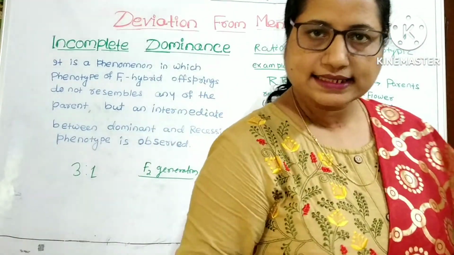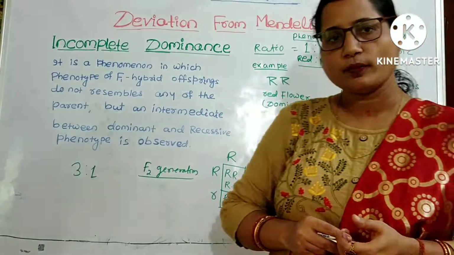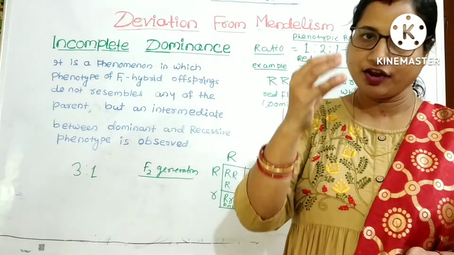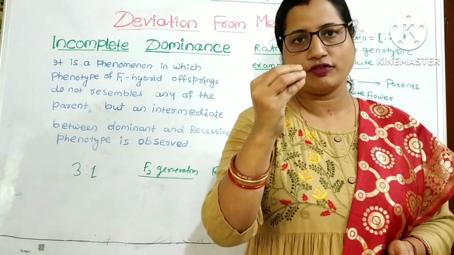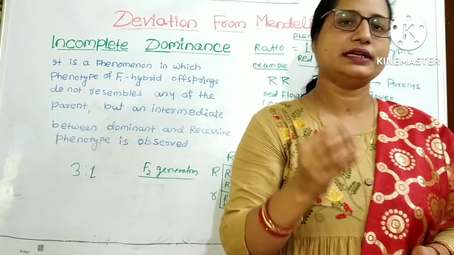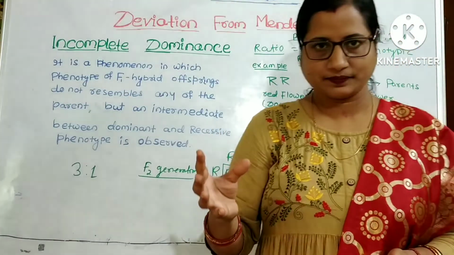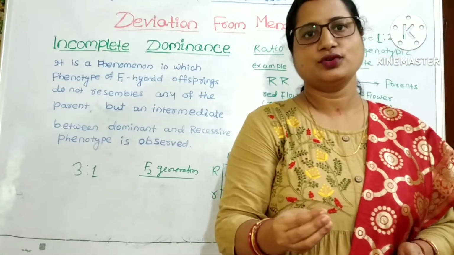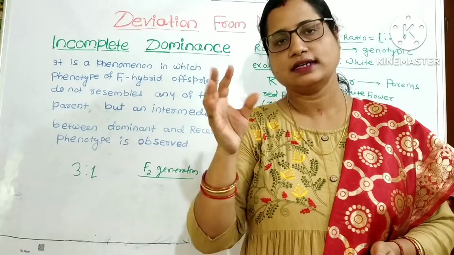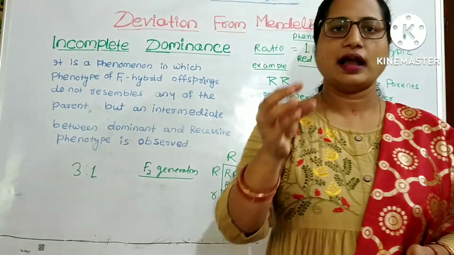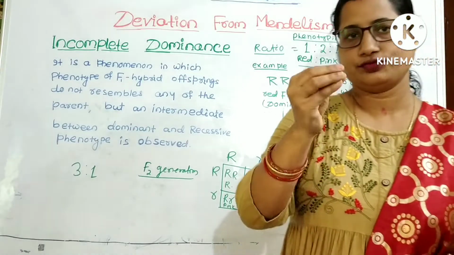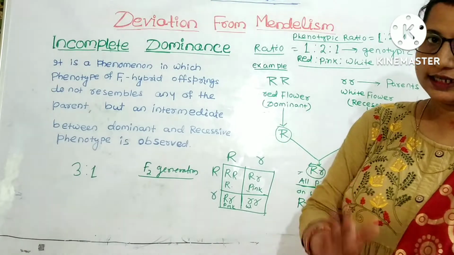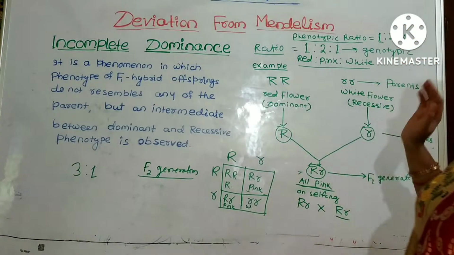So, what is incomplete dominance? It is a phenomenon in which an intermediate character is expressed in F1 progenies without the expression of dominant or recessive. For example, red flower and white flower.